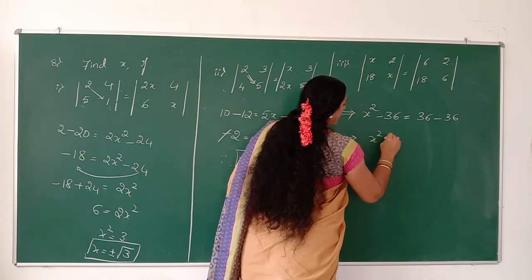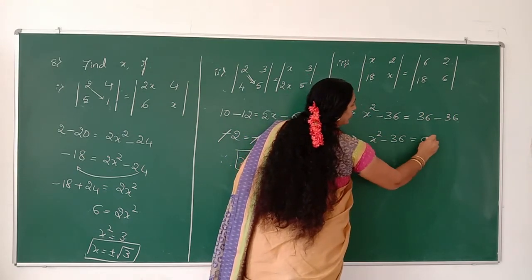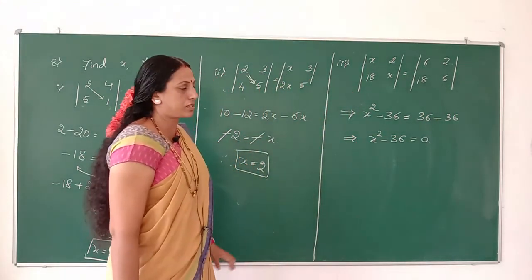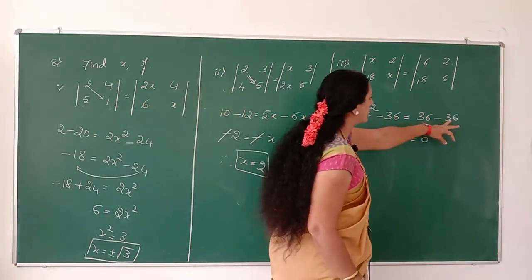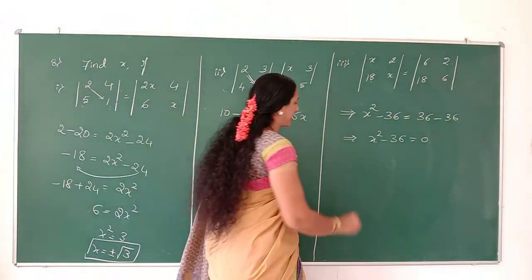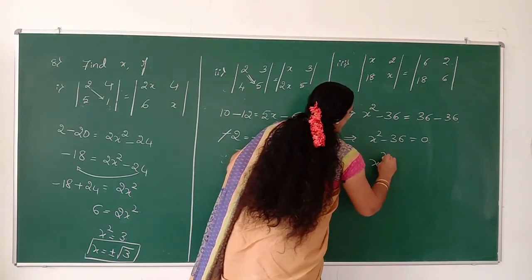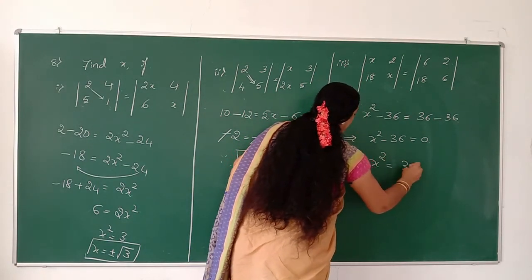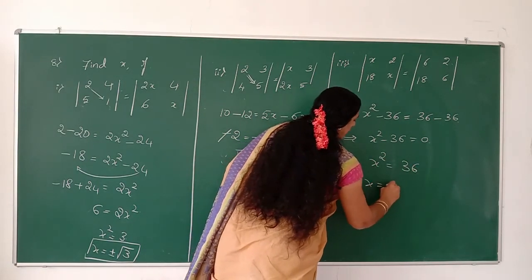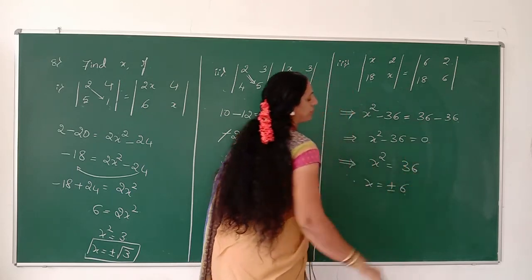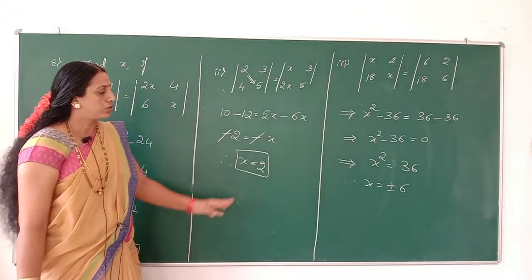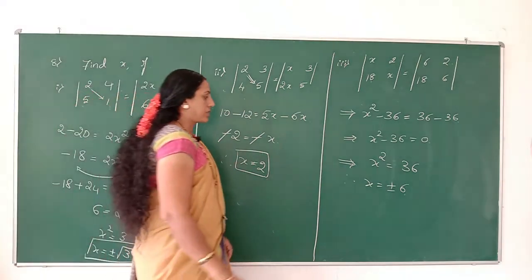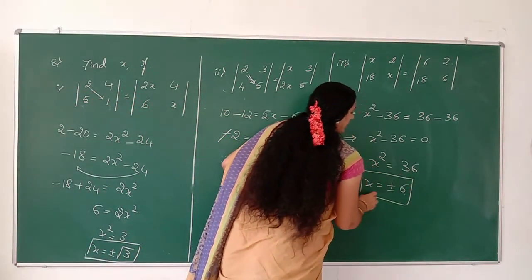Therefore, x square minus 36 is equal to 36 minus 36, which is 0. The minus 36 gets cancelled on both sides, and the remaining is x square equal to 36. Therefore, x is equal to plus or minus root 36. Root 36 is 6. These are the values of x.